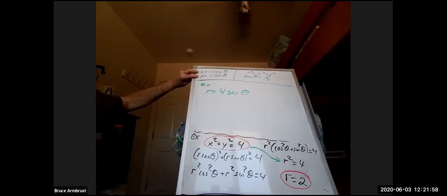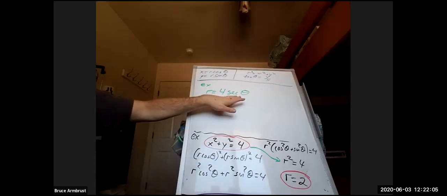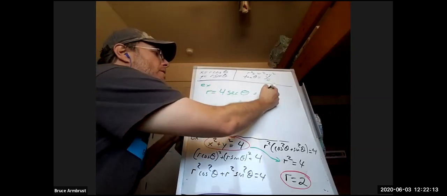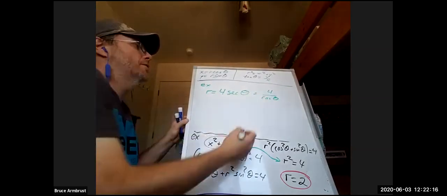Use the cosines and the sines with our x and y. Let me show you how this would play out. So right now I've got secant. I'm going to change that. I don't want secant, I want cosine. So if I were to rewrite this, this is the same as 4 over cosine.